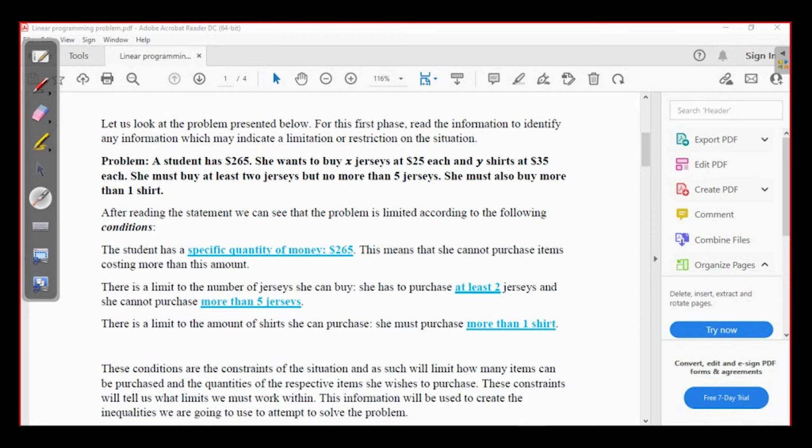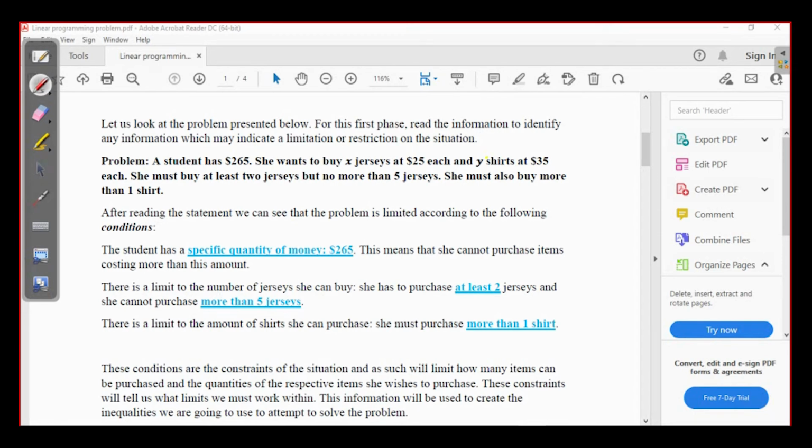All right, so in this problem, notice the second line, the second statement, which says she wants to buy X jerseys at $25 each and Y shirts at $35 each. So right here, you get the 2 variables, you get your 2 unknowns. The number of jerseys that she's going to buy and the number of shirts that she's going to buy. All right, so right there, we already have our variables, X and Y.